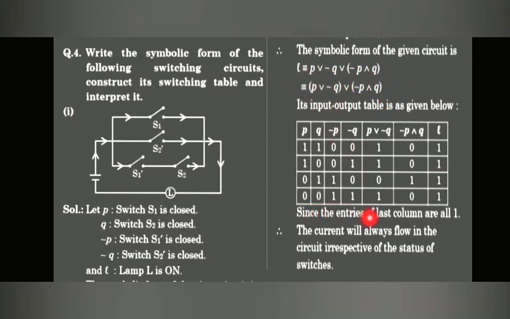Since all the entries of the last column are 1, and 1 means the switch is on, it is denoted by T or 1, true.